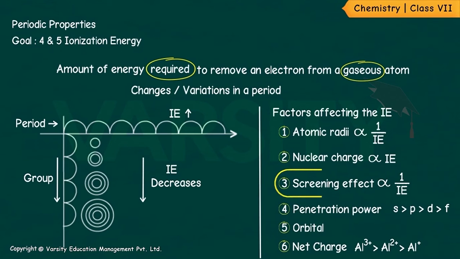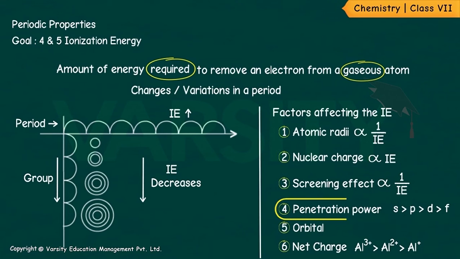Here, the screening effect is inversely proportional to ionization energy. As the number of shells increases, the number of inner electrons increases. There will be more screening effect, and if the screening effect is more, the effect of nuclear charge on the valence electrons will be less. So here, less energy will be required to remove electrons.